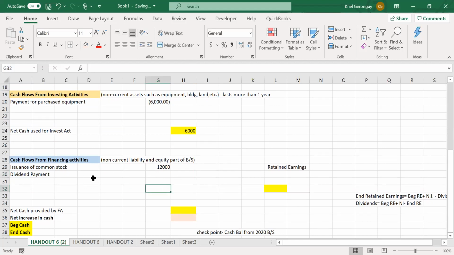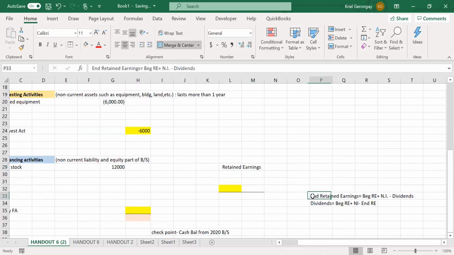For dividend payments, what works for me is to make a T account to get an overview of what's happening in the retained earnings.